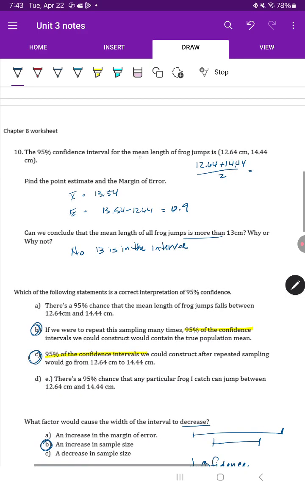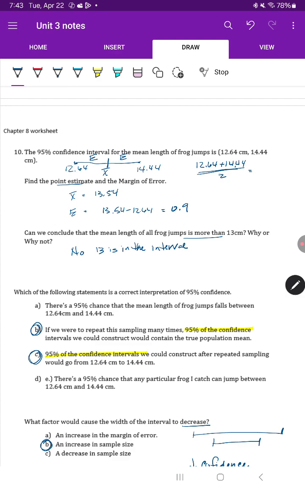The confidence interval for the mean length of a frog jump is 12.64 to 14.44. To find the point estimate, in the middle is our point estimate, and the difference from the middle to either end is our error.